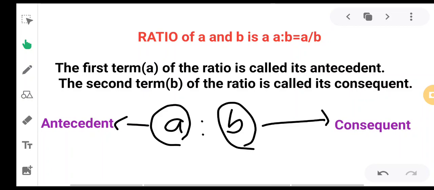Here you can see A ratio B, so A is known as antecedent and B is known as consequent. For quantities that are compared in the same units, the ratio of the quantities does not have any units.